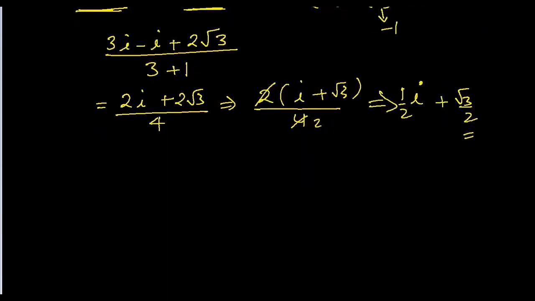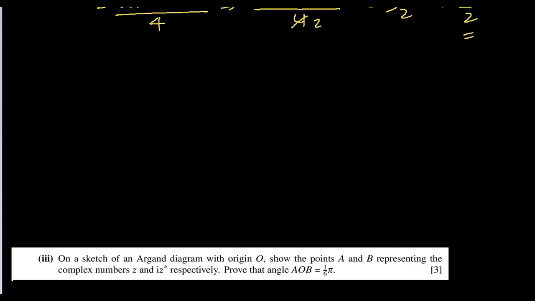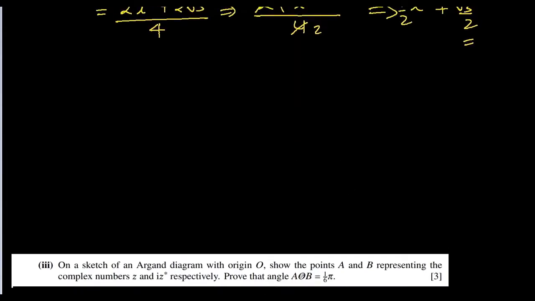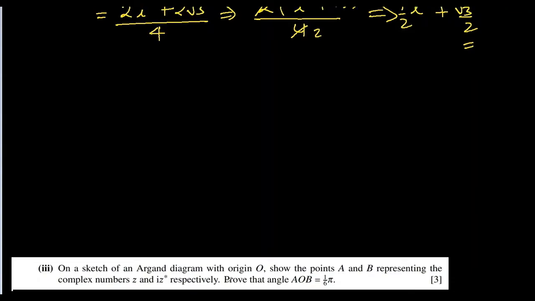Done that. Third one: on an Argand diagram with the origin O, show that the points A and B represent the complex numbers z and iz. Prove that angle AOB is 1 over 6 pi. So let's try to visualize them first.